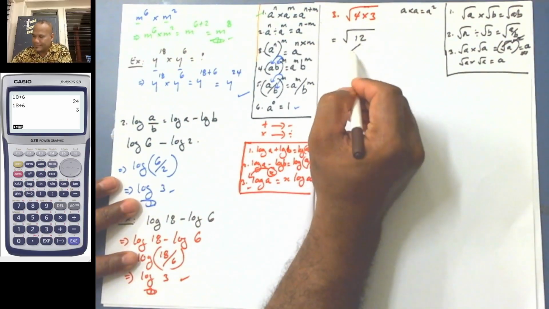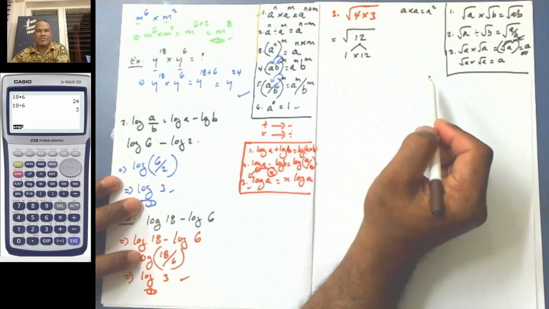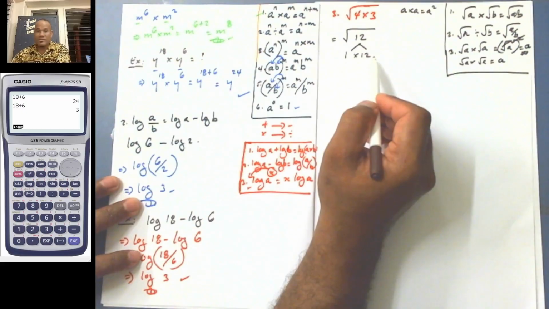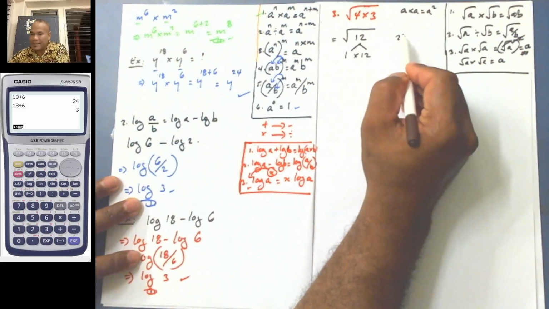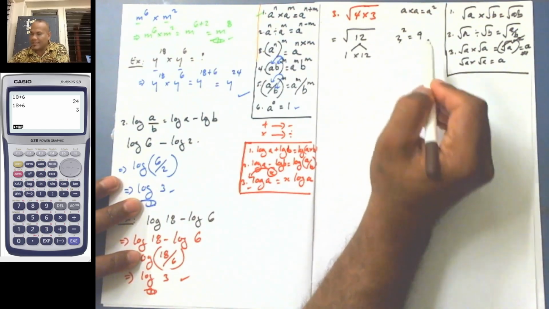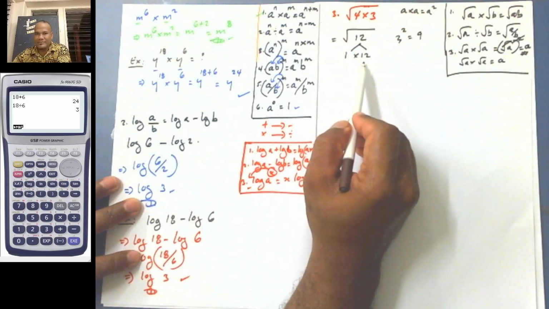Meaning, 1 times 12 is 12. But are any of these numbers square values? What is a square value? A square value is a number squared to give you that number, like 3 squared is 9, a square value. Any square value here, a number that is squared to give you 12?